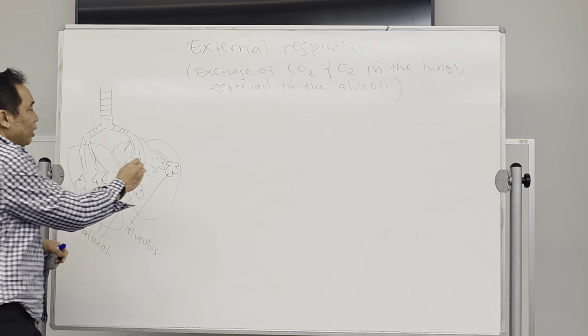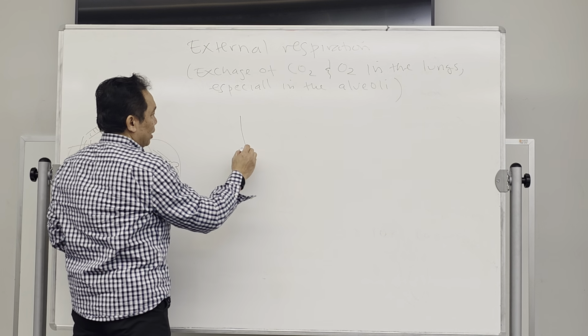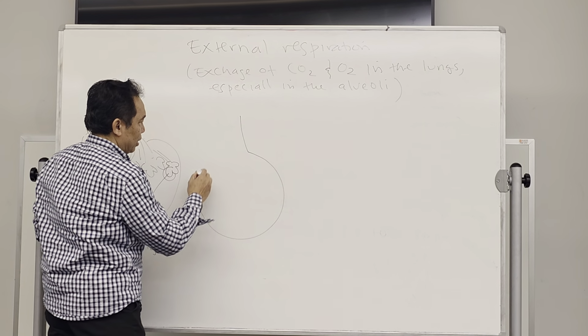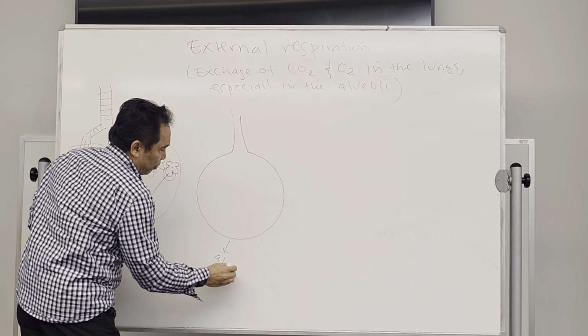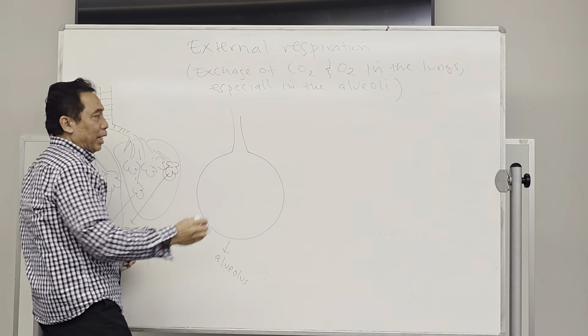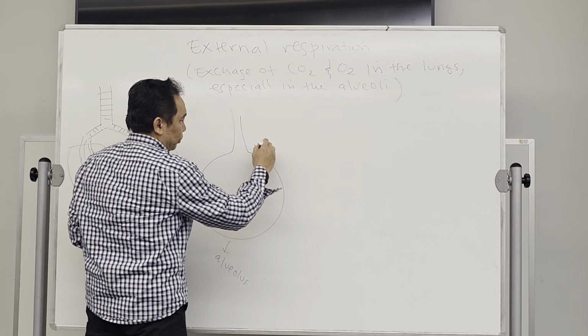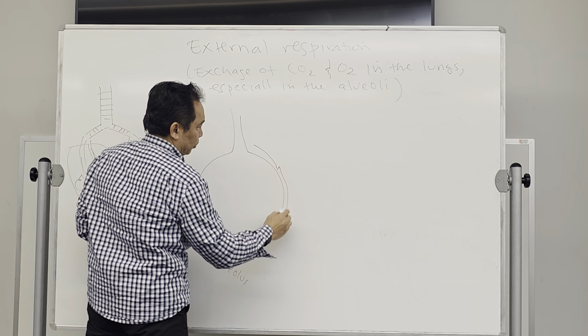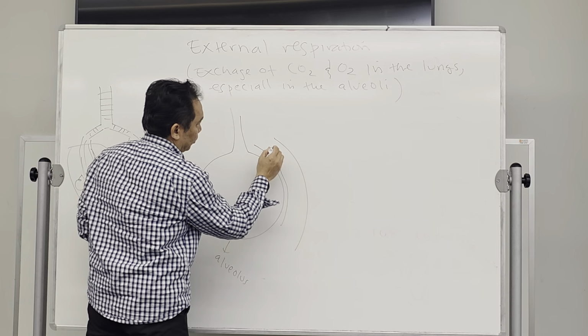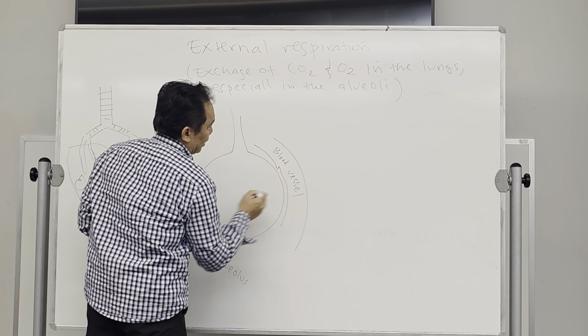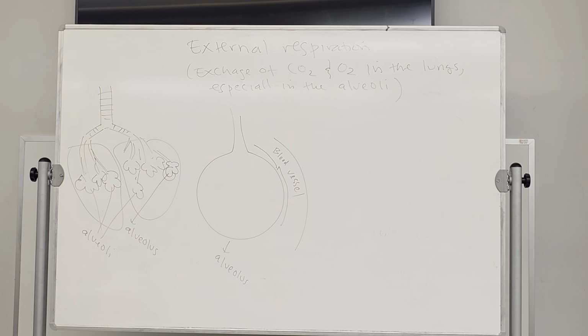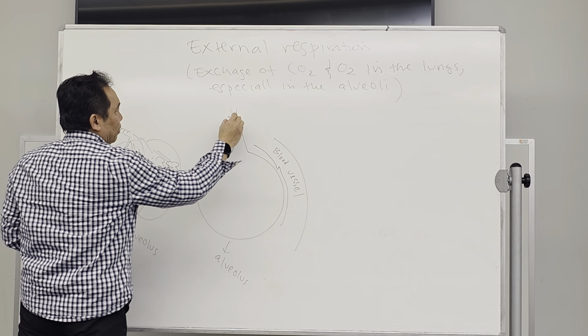Okay, so the action of gas in this lung will be mostly, 99%, located in this alveolus. Now, if we make one of these bigger, let's say like this, so this is the alveolus, and let's say this is blood vessels. Okay. And the air will go here, right?